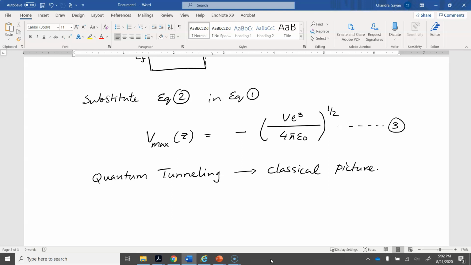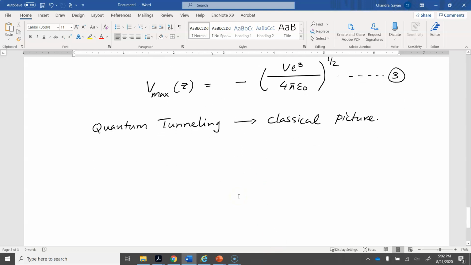If you were to look at the same problem from a quantum mechanics point of view, you would be solving for wave functions, solving the Schrödinger equation, and how the wave function is able to transmit through the barrier and things like that. But we are not going to talk about it because it's beyond the scope of this course. If you are interested, we can talk about it offline.